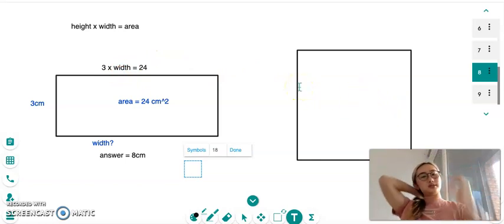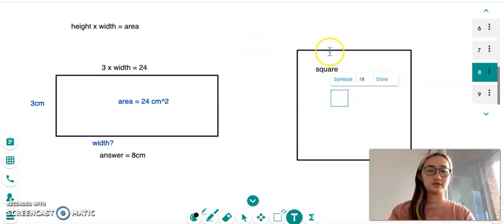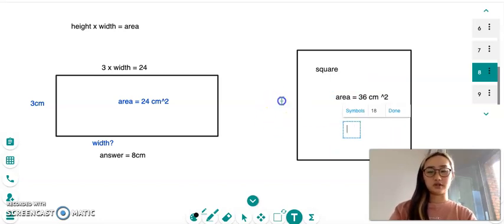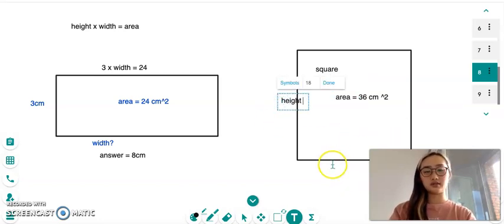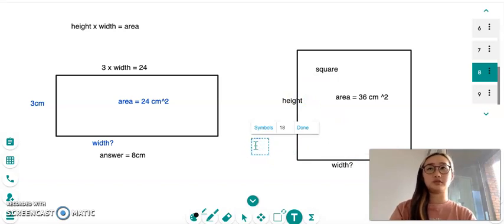Next example, here is a square, and if we're told the area is 36 centimetres squared, but we're not given any of the sides, what is the height and what is the width? I would try and see if the student would be able to figure out that height and width would be the same in this case.